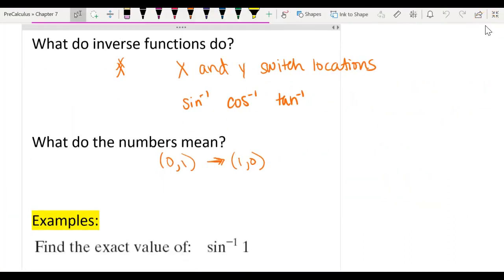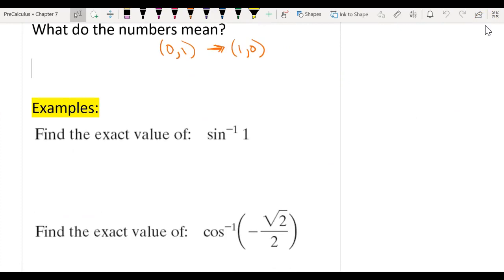All right. So it says, find the exact value of sine inverse of +1. While you can do this on your calculator, my guess is on the calc test, they're going to have you do it without. So I'm going to have you do it without, okay?